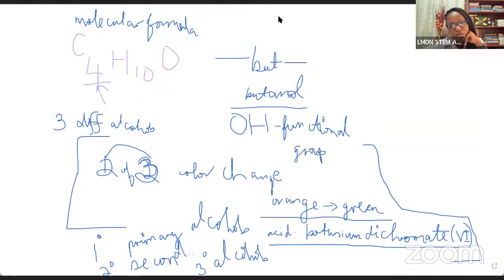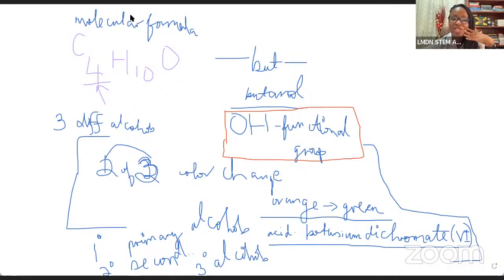Let me circle that in red. So this is our functional group. This is the thing that makes it an alcohol. The OH group is what gives its character, its chemical properties, the kinds of reaction that it is able to partake in is as a result of this functional group. That's that OH group, right?